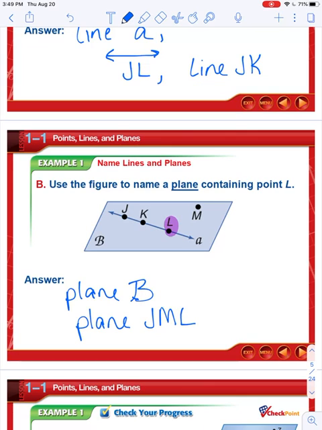I do want to point out we cannot name it plane JKL. Those 3 points are on the same line. So we want to name it something like JML instead.